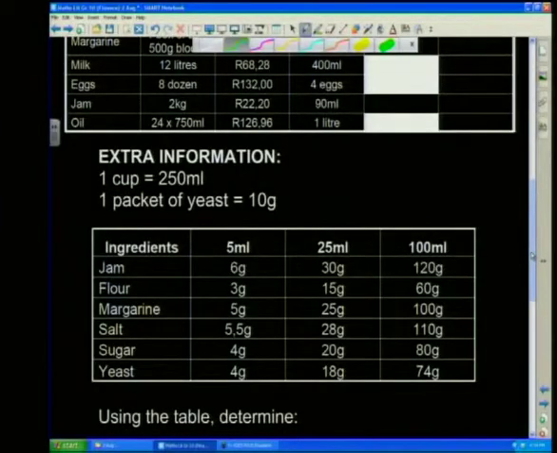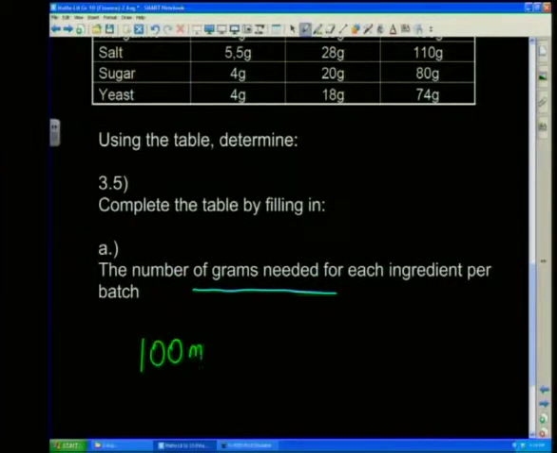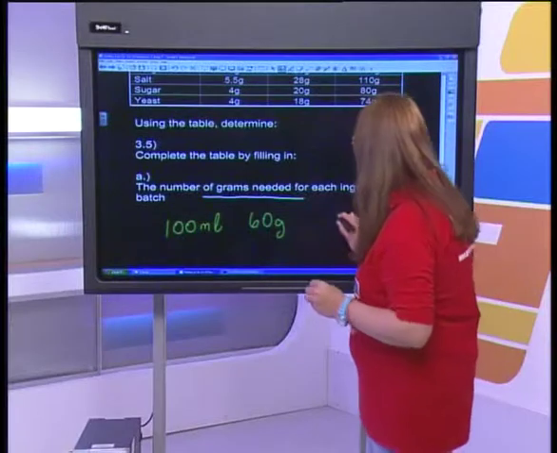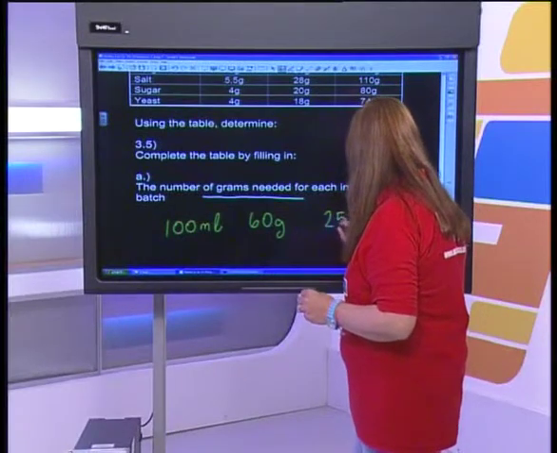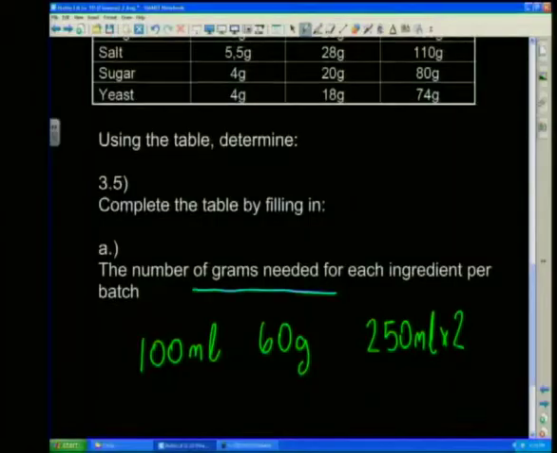So this is quite a calculation. So let's see what we've got. We know what 100 mils is. 100 mils is 60 grams. Right. We need 2 cups. So 250 mils is 1 cup. We're going to times that by 2. So we need 500 mils.